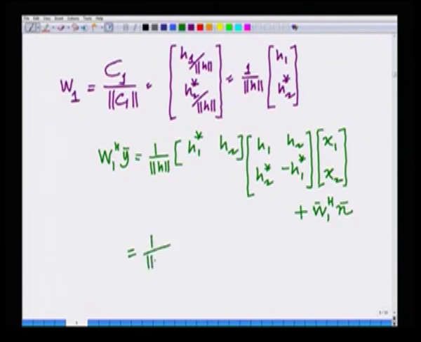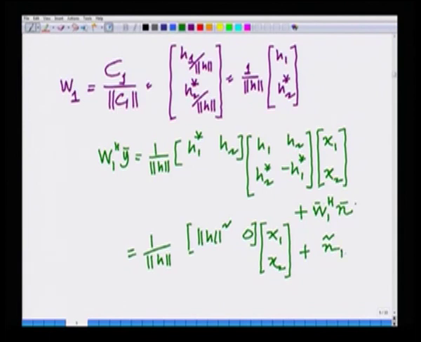So, this is nothing but 1 by norm H times H1 H1 conjugate plus H2 H2 conjugate, which is magnitude H1 square plus magnitude H2 square, which is norm H square, and this is of course 0, as C1 is orthogonal to C2, into x1, x2 plus n1 tilde. I am calling W1 Hermitian n bar as n1 tilde.